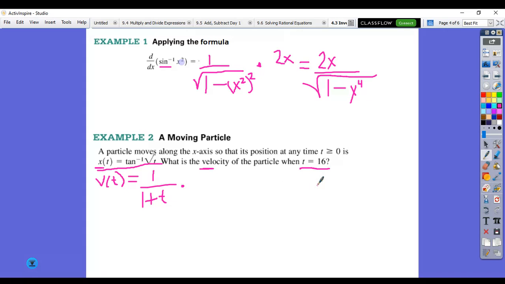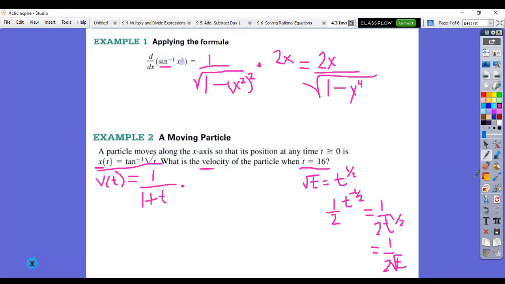I'm going to go over here on the side for a sec. We know the square root of t is the same thing as t to the 1/2. If you take the derivative of t to the 1/2, that's 1/2 t to the negative 1/2, which is 1 over 2t to the positive 1/2, or 1 over 2 square roots of t.